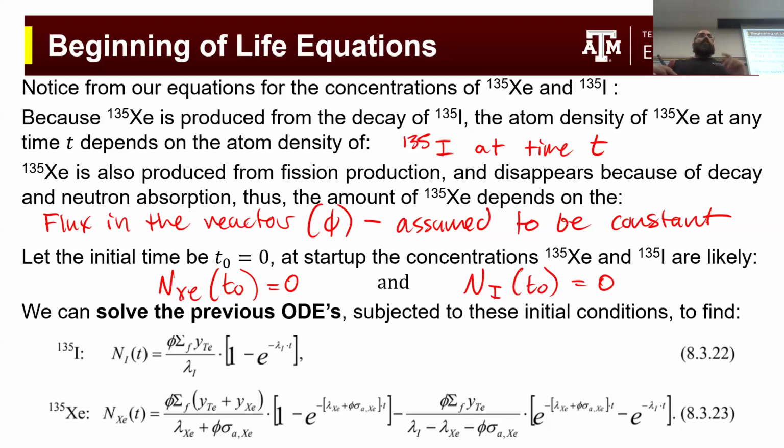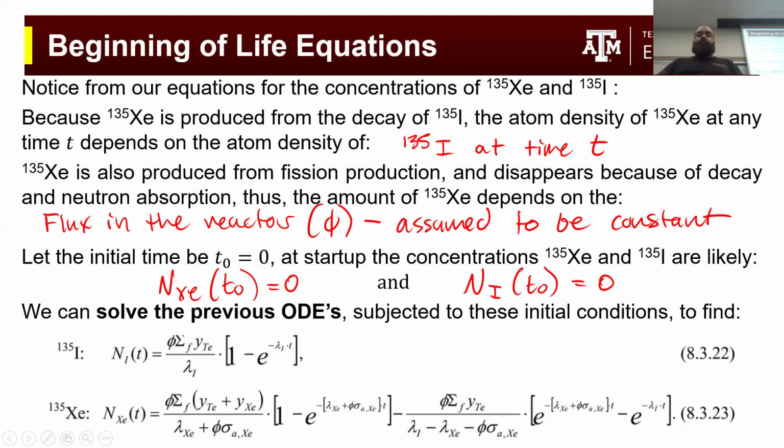And if I solve those ODEs on the previous slide with these initial conditions, then these are the solutions that I would come up with. And again, you would have to use integrating factors to find these solutions. So that's not really something that I would ask you to demonstrate on an exam. But that is where these equations come from. It's not magic, it's just integrating factors.